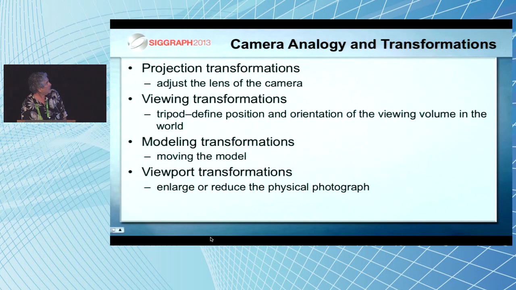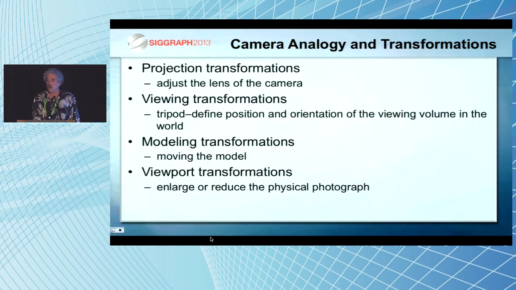Now, the camera analogy is, we've pretty much said this, that what we're doing is pretty much what the camera does, where the projection transformation is somewhat aligned to changing the lens on the camera. The viewing transformations are, how do we orient that camera?